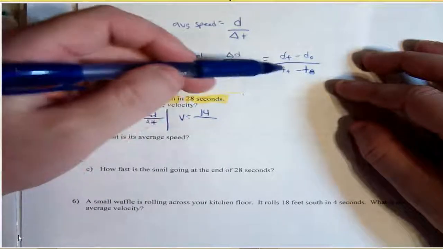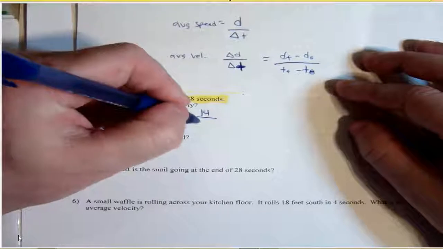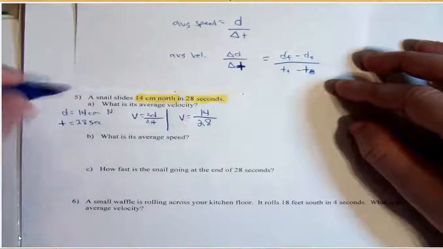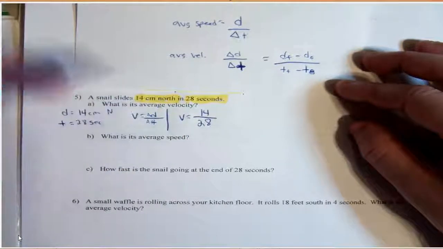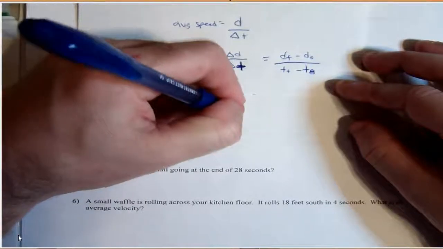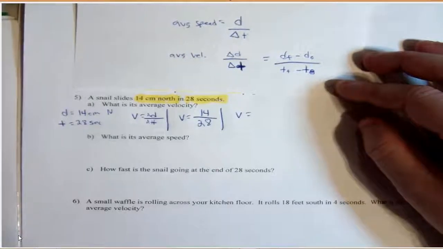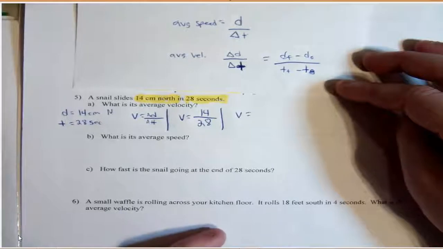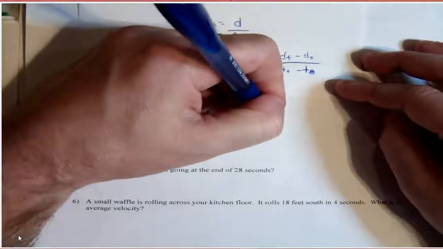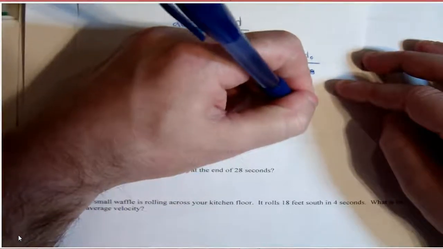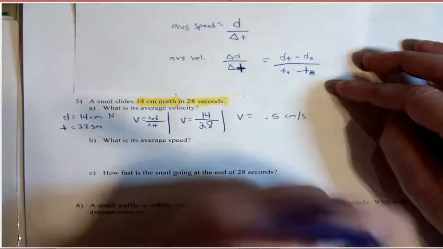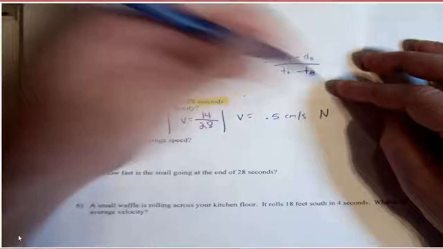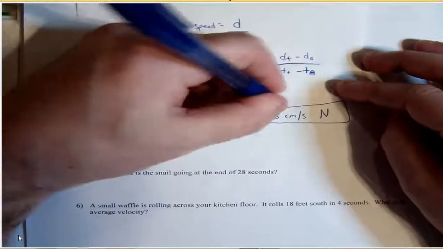The final time is 28 minus the initial time is 0, so 28. We know it's a velocity because it does give us north. So our average velocity should equal, calculate it, see what you get, 0.5 centimeters a second north. So that's our average velocity.